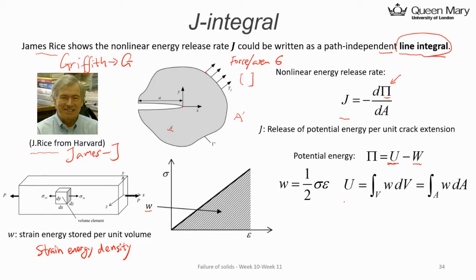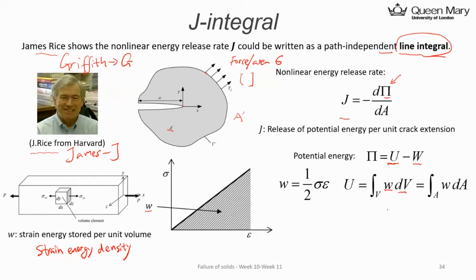And if you want to work out the total strain energy of the whole body, like this bar, then you need to integrate that small amount of material over the whole volume. That's why we normally write it as an integral over the whole volume of the strain energy density times the small amount of volume.